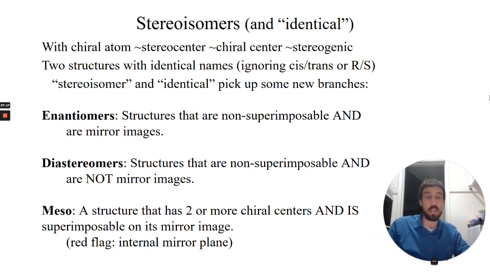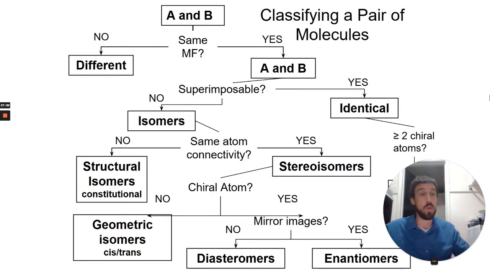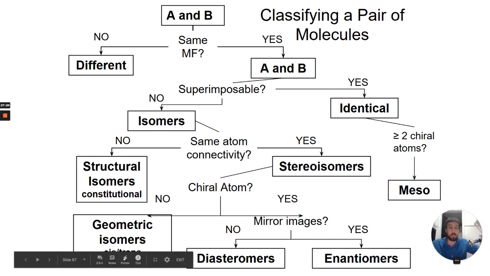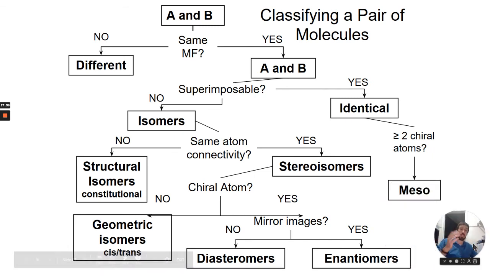The big red flag for meso compounds is that you have an internal mirror plane and chiral atoms. Again, internal mirror planes are tricky. Sometimes you see them, sometimes you don't. Okay, so this now greatly modifies our diagram, and we end up with a system where we still have our identical and isomers, but those isomers now break into structural isomers and stereoisomers.